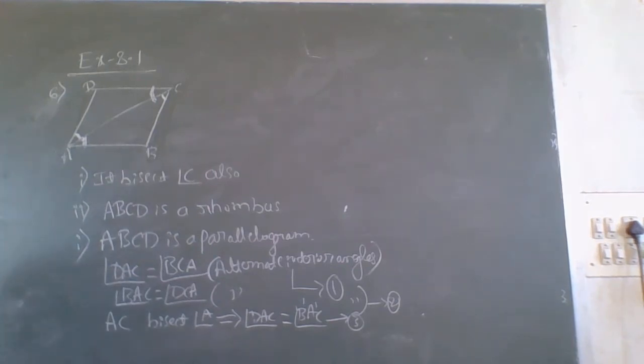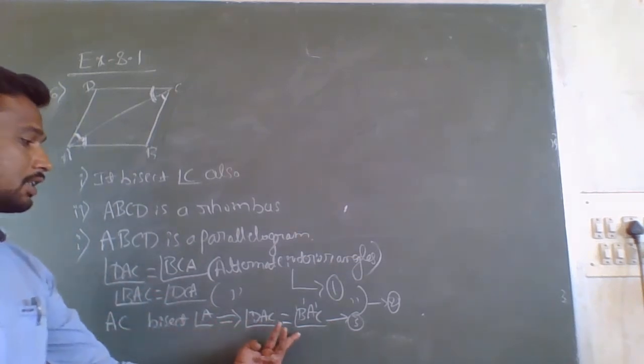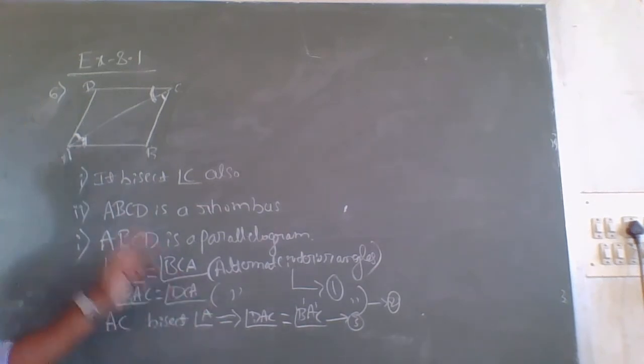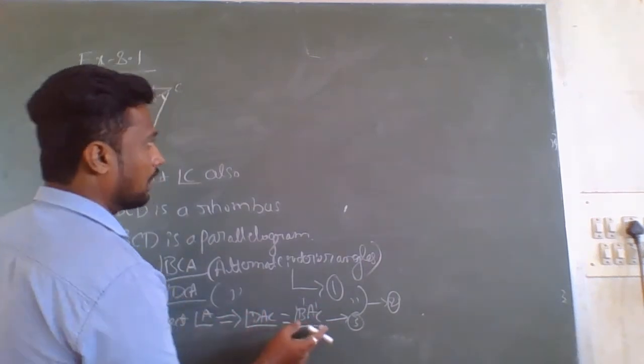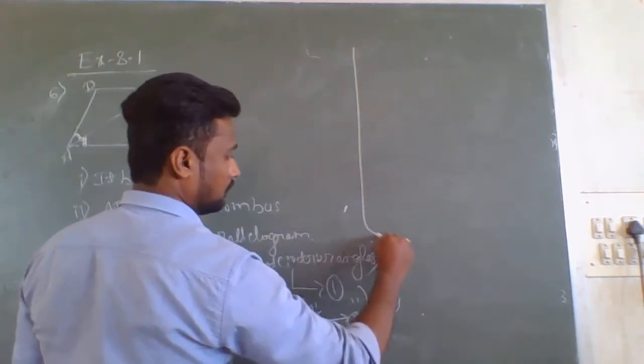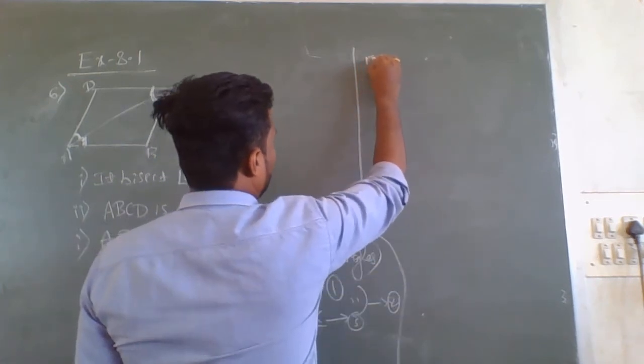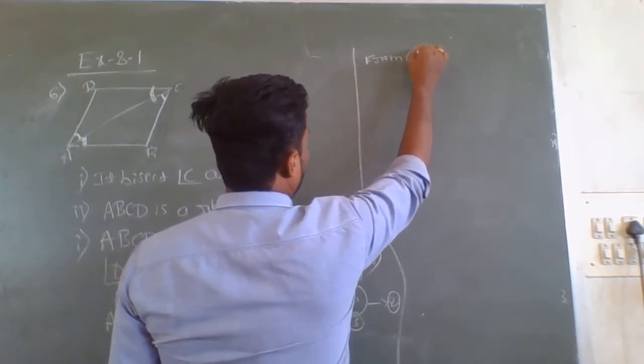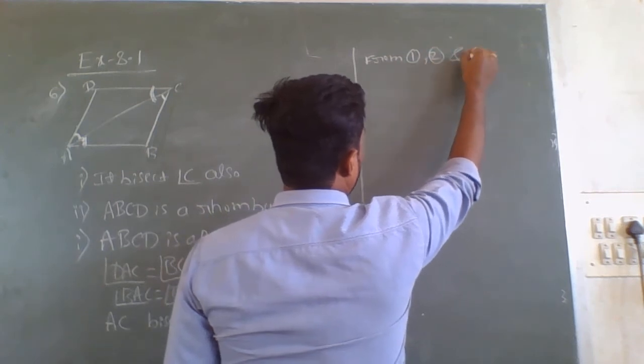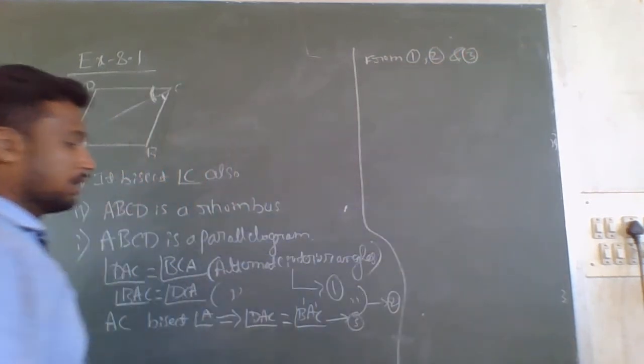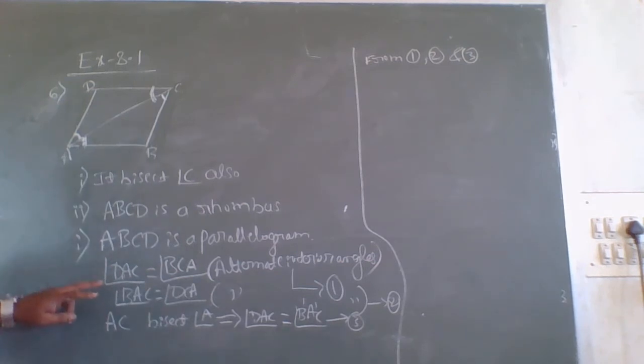So now what can we write? First, angle DAC is equal to BCA, and BAC is equal to DCA, by alternate interior angles, and these two angles are equal because AC bisects angle A. But from 1, 2 and 3, what can we write?